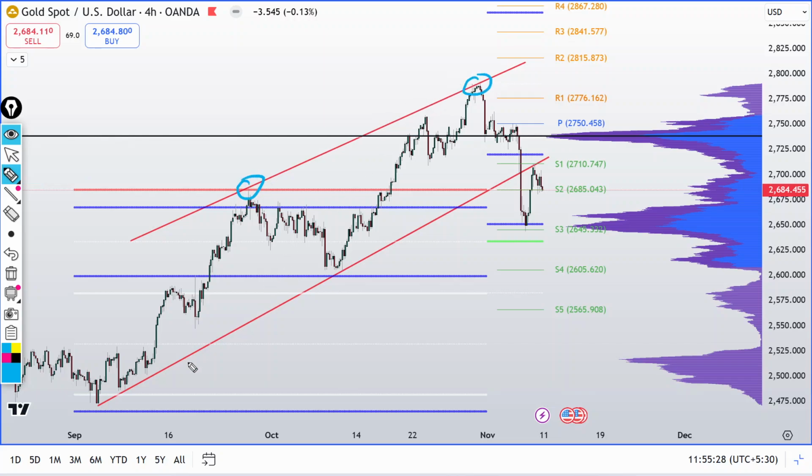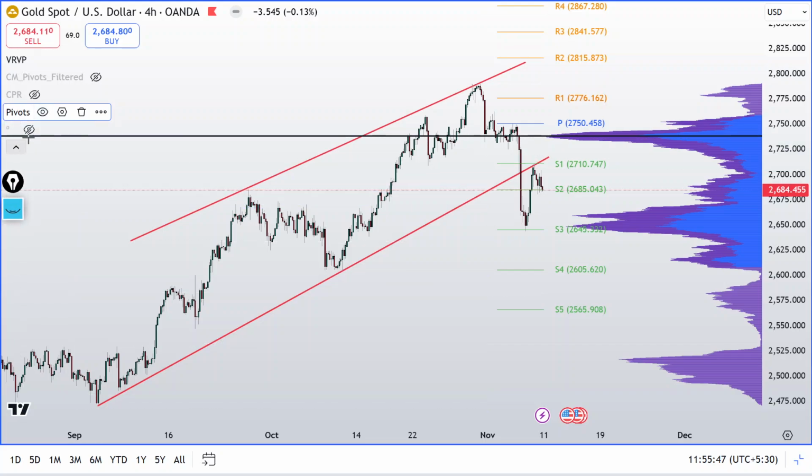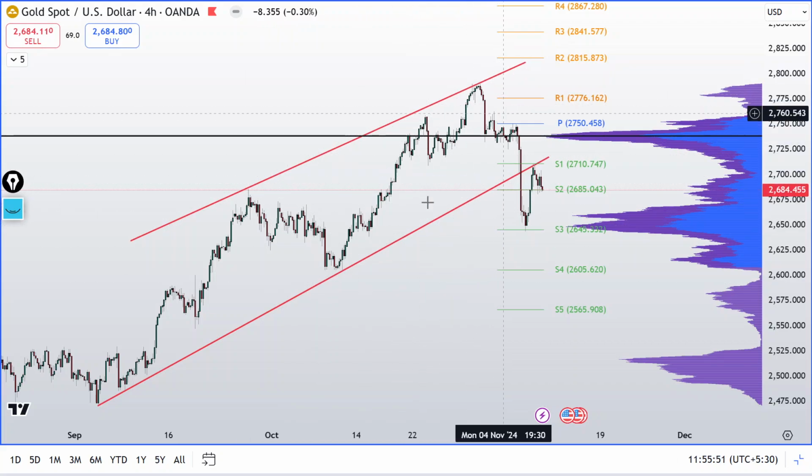If we check this trend line and this lower support around here and here and here, you can see the price was trading inside this parallel, rising wave pattern. If I turn off these lines, you can see the price was trading inside this rising wave pattern. I already shared this structure in the Telegram channel also.